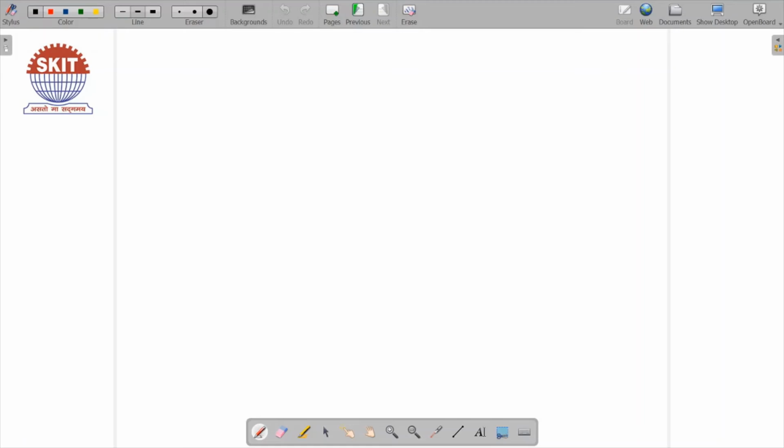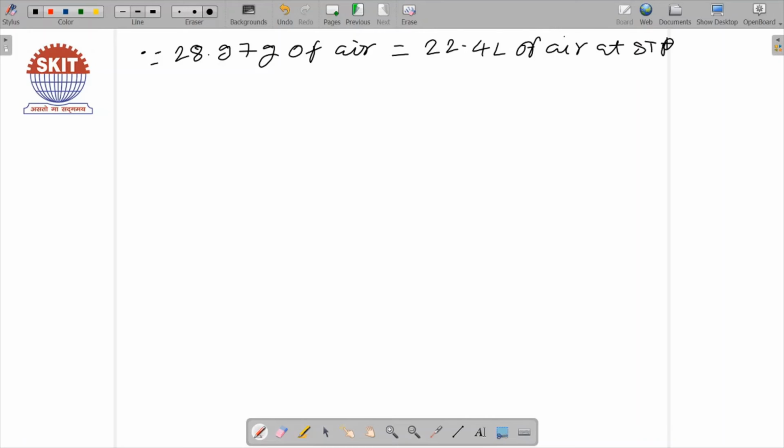So how can we convert? We know that 28.97 gram of air is equal to 22.4 liter of air at STP. This point we already discussed in important points of combustion.